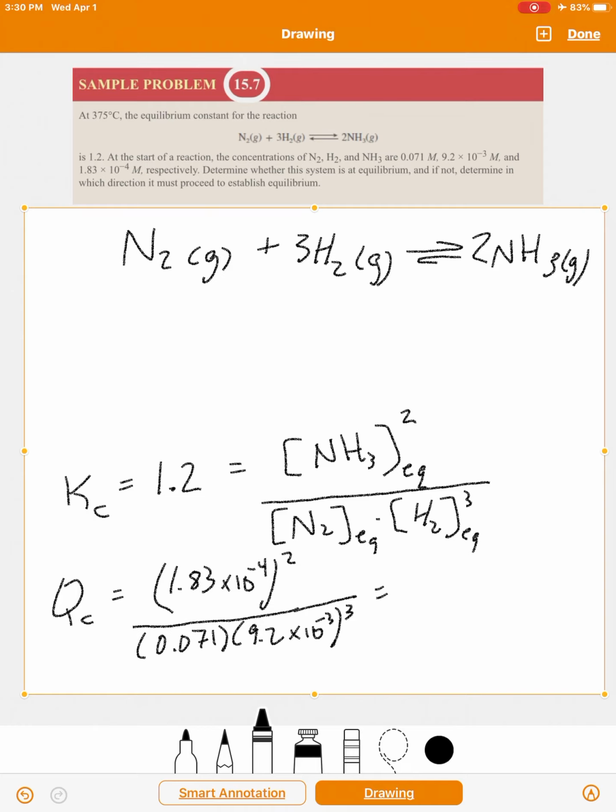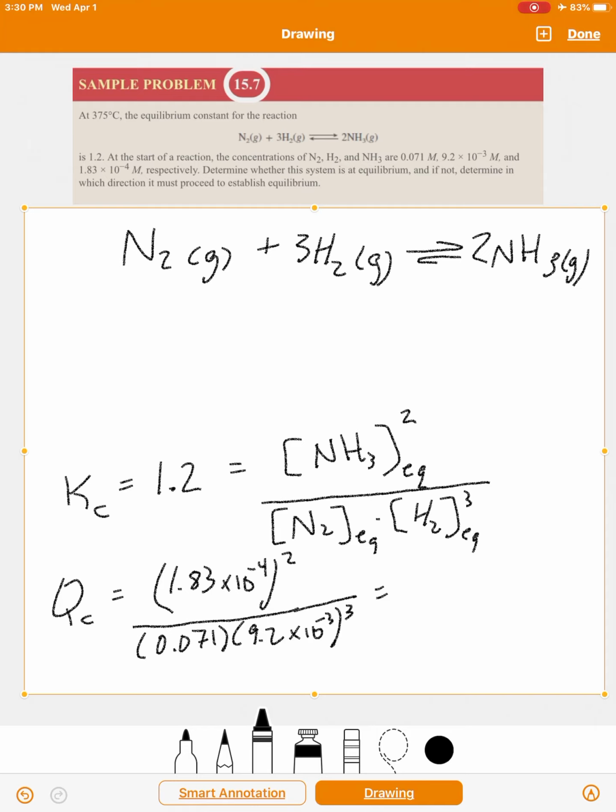Okay, so now we have to go through that calculation. We'll pull out our calculator. It's 1.83 times 10 to the minus 4, and then we square it. Okay, so that is 3.35.